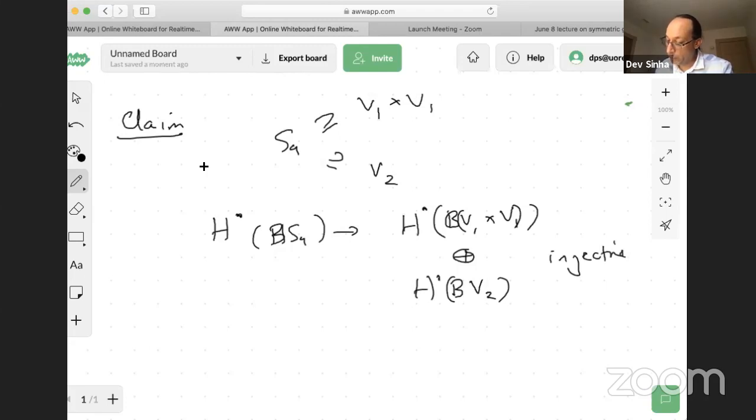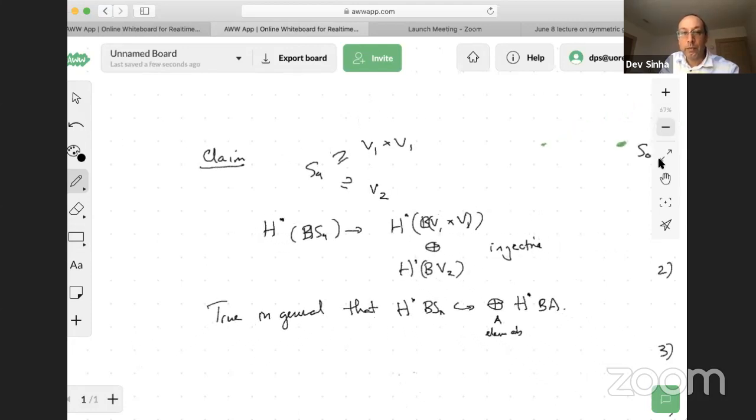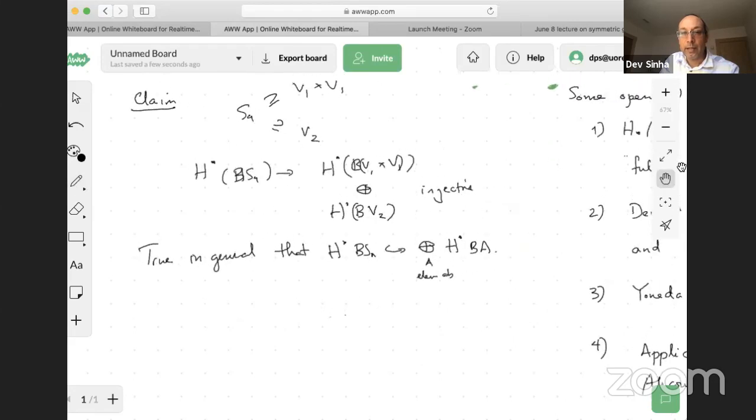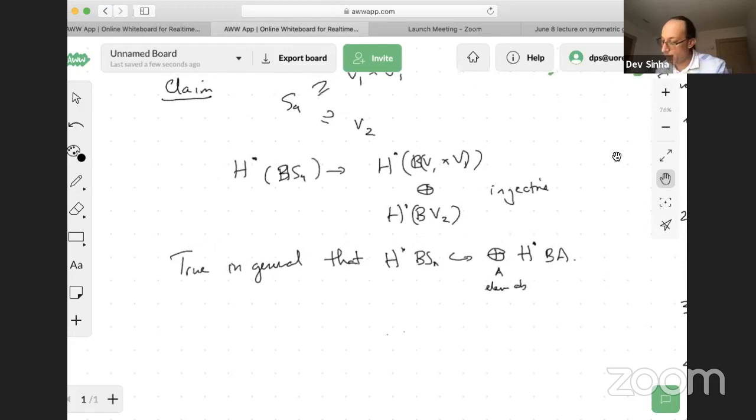And let me just say that this is true in general, that the cohomology of BSN injects into the direct sum of the cohomology of the elementary abelian subgroups. That was originally proven by Madsen-Milgram.